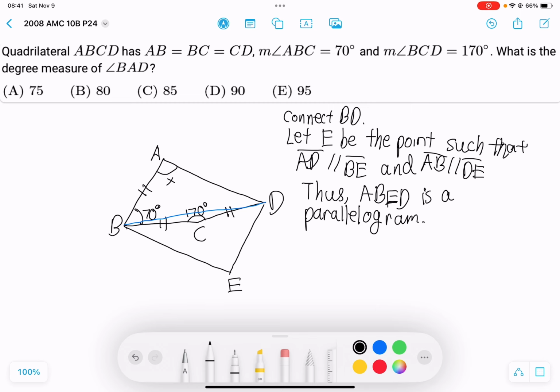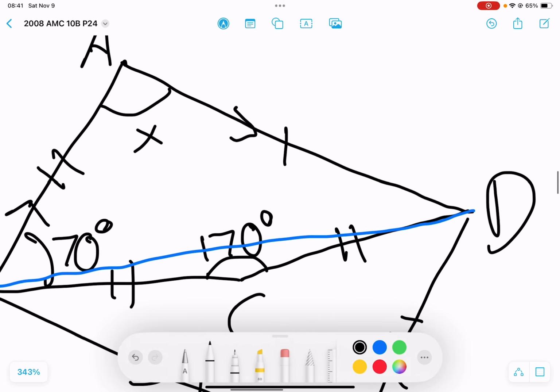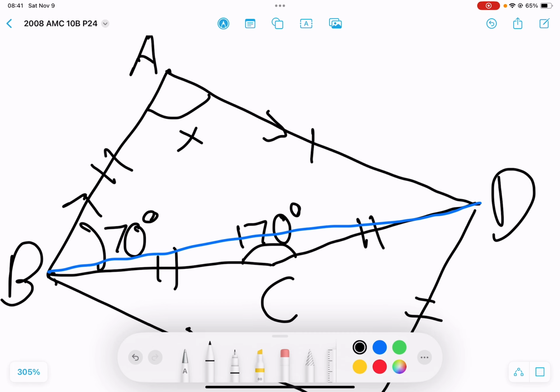So if this is a parallelogram, we know that AB equals DE and AD equals BE, and these are also parallel. And since they're parallel, we know that the alternate interior angles are equal. But firstly, what do we know from drawing the line BD? We have the line BD here, and BC equals CD, so triangle BCD is isosceles.